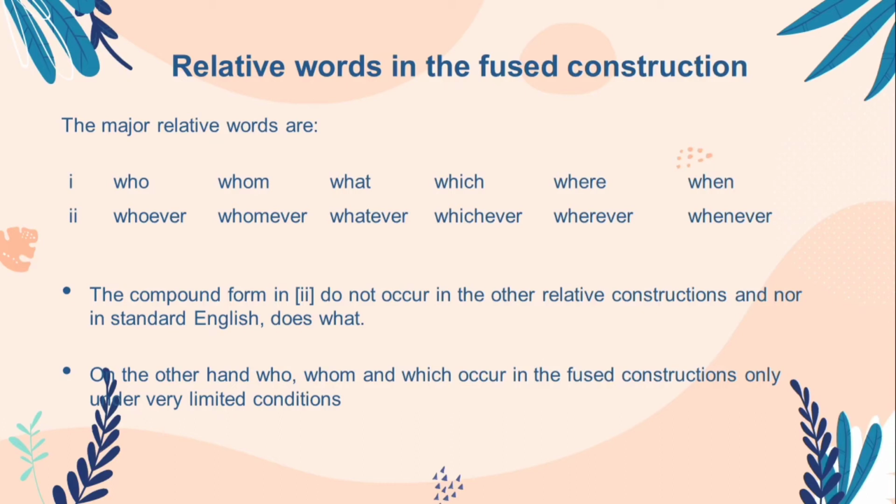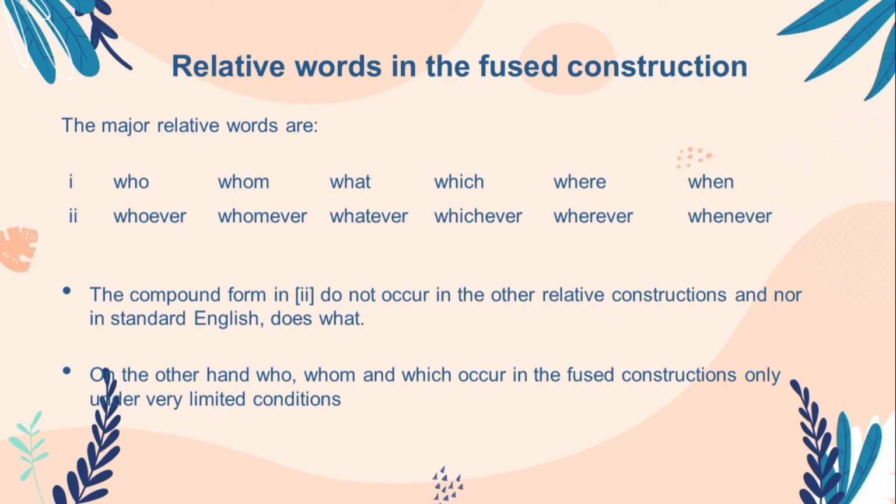Whomever is an object pronoun, which means you can use it in any place where you could also use me, him, her, them, or whom. As an object pronoun, this word refers to the object of a sentence, the person who is the recipient or the target of an action.